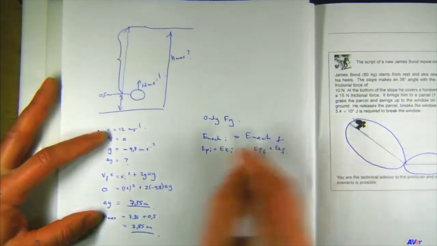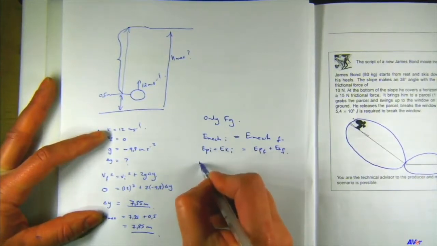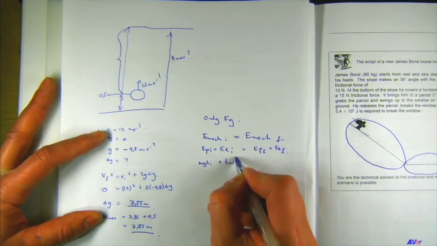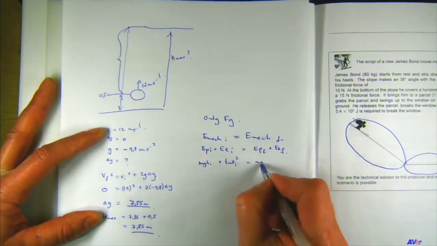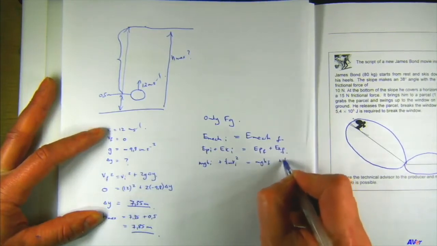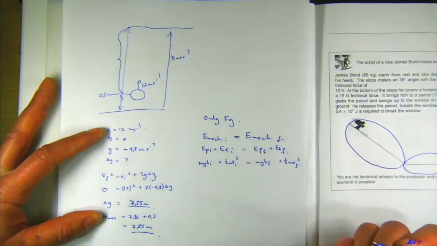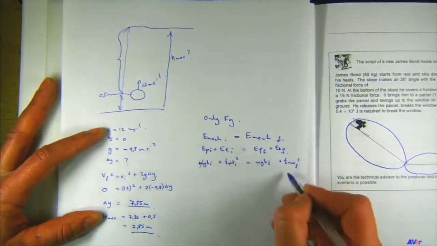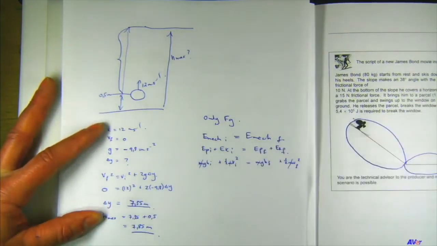Give me an equation for potential energy. Yes, mgh plus half mv squared, all for initial. mgh plus half mv squared, all for final. And I can even cancel out the m's, because it's not 0, I can divide every term by it.